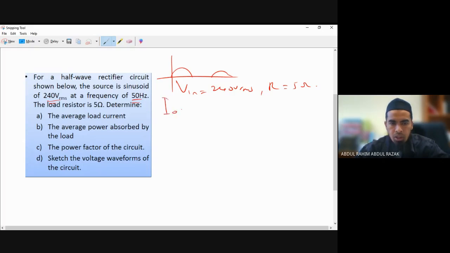So what is your I out, the load current?